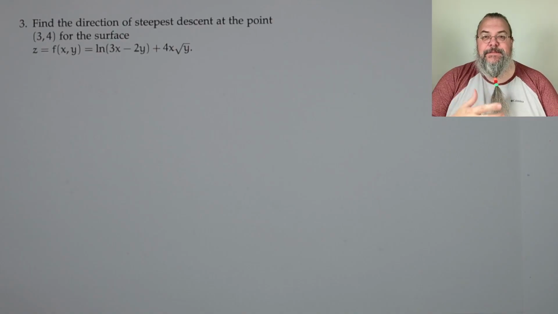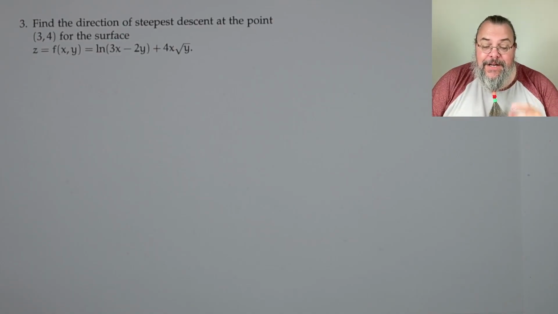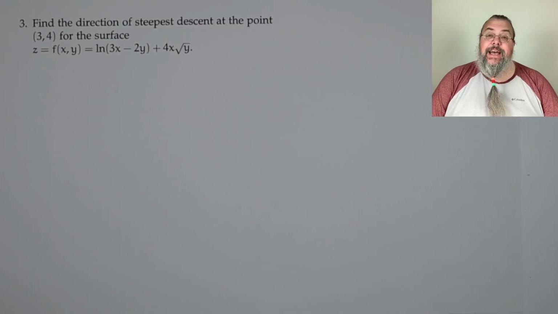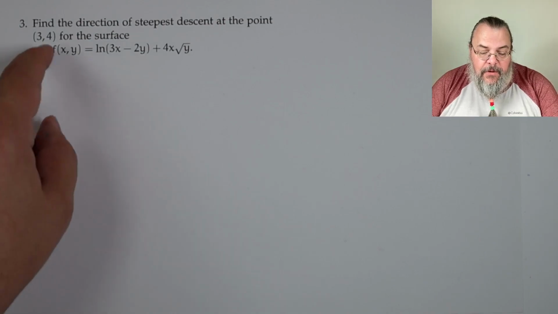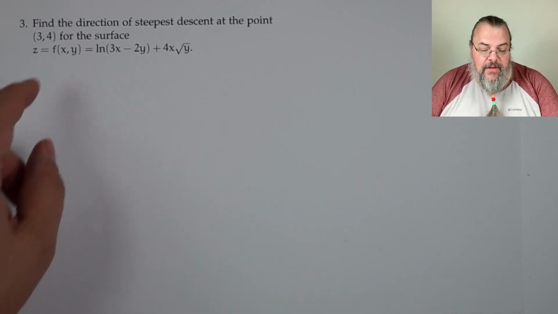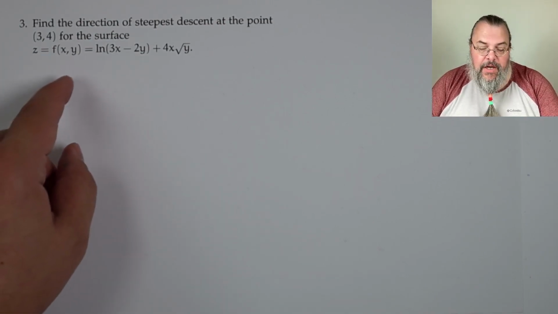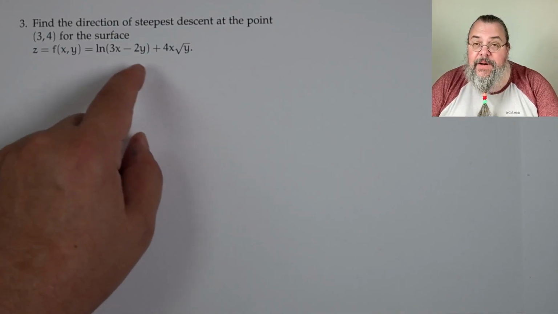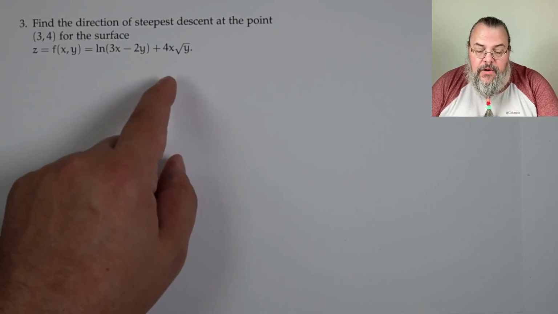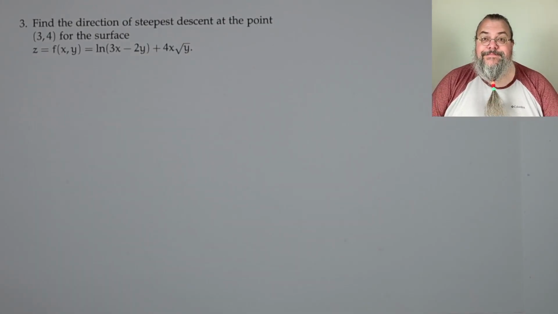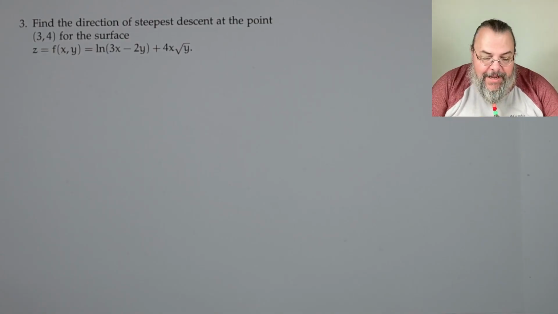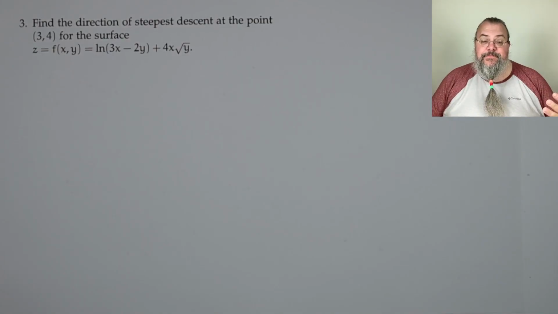Number 3, find the direction of steepest descent at the point (3, 4) for the surface z equals a function of x and y, log of (3x minus 2y) plus 4x square root of y. All right, now, what are we doing?